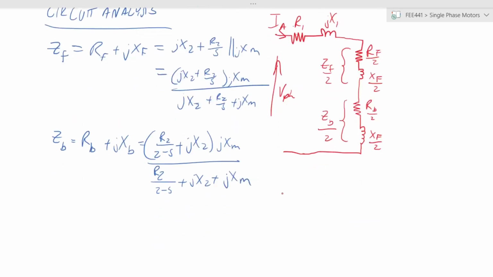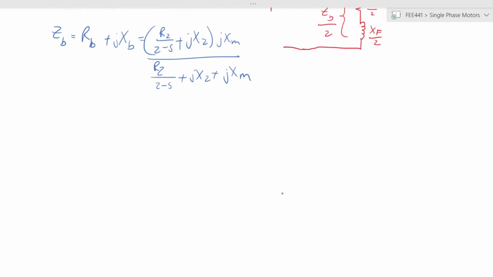So that can be a useful circuit. If we look at the power flows, these will be similar to what we had already encountered. You have the same power flow diagram with air gap power and converted power and so on. But in this case, each of the power flows has a forward and a backward component.